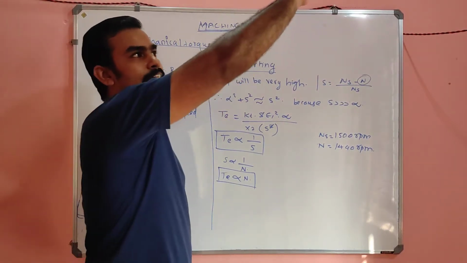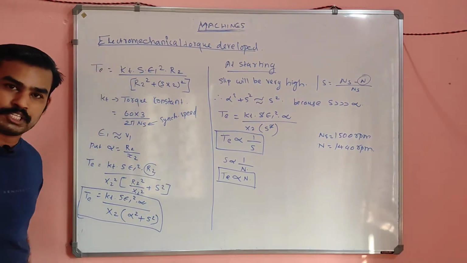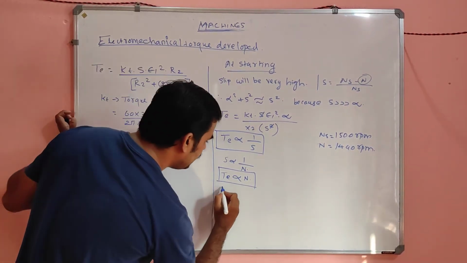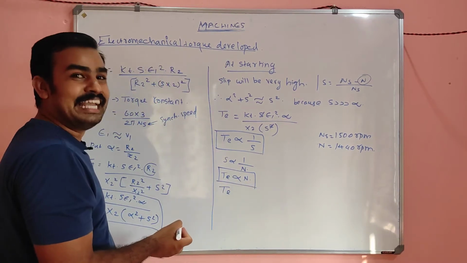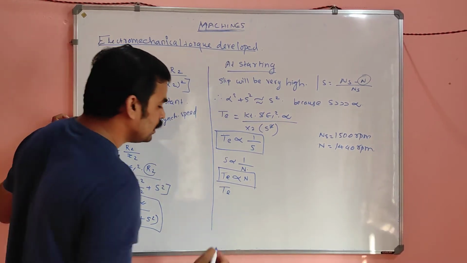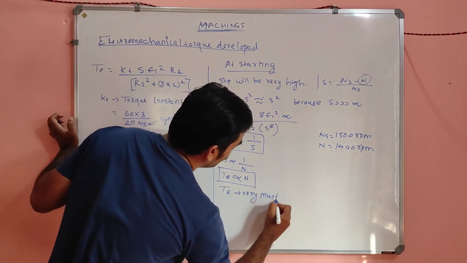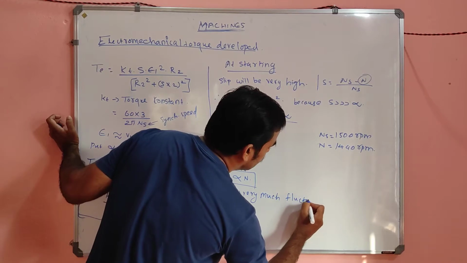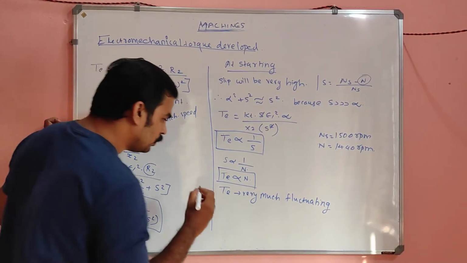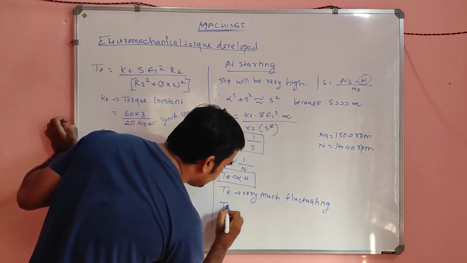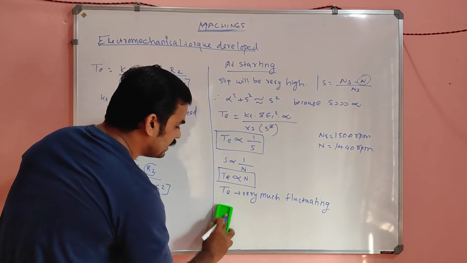That means TE will be very much fluctuating, because T is directly proportional to n, the speed of the rotor. So at the starting, TE will be very much fluctuating.